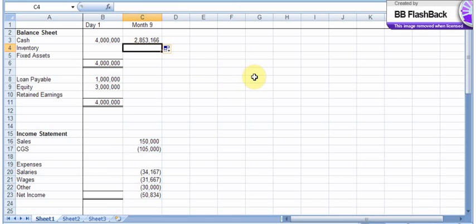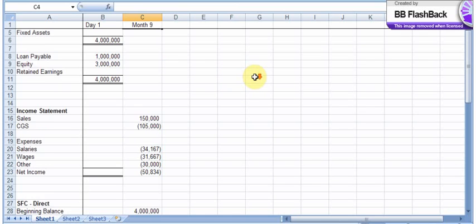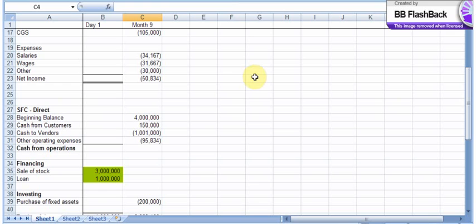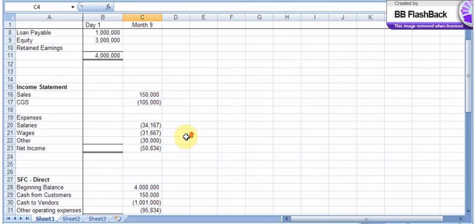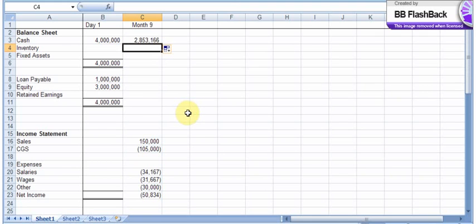And now we have inventory. What is our inventory balance that's on our balance sheet at this stage? Well, we purchased $1,001,000 worth of inventory, and we've used $105,000 of it. So the difference between those two numbers is what this balance is.